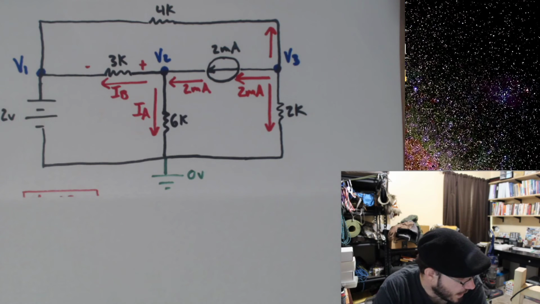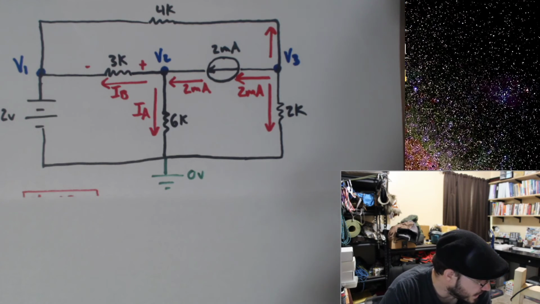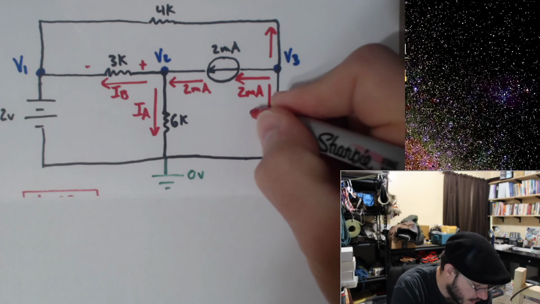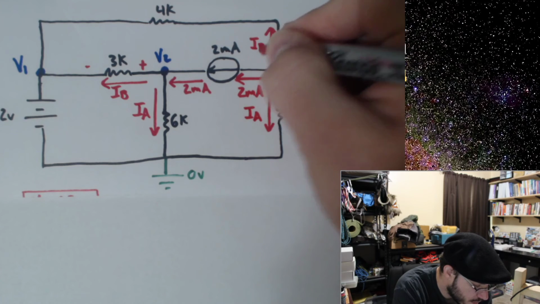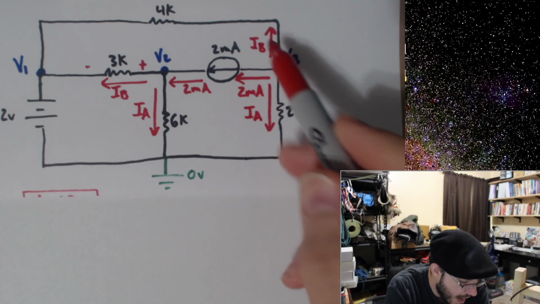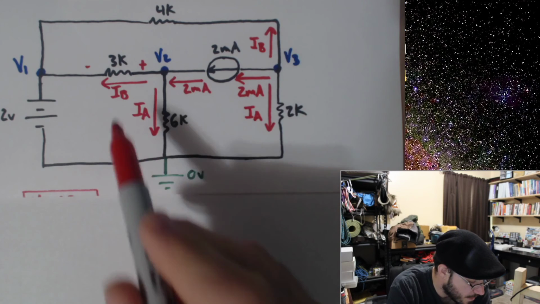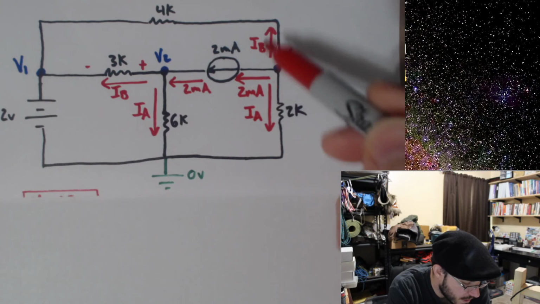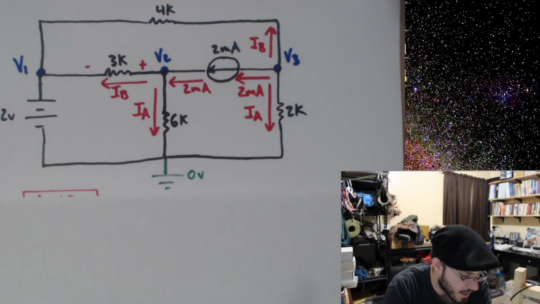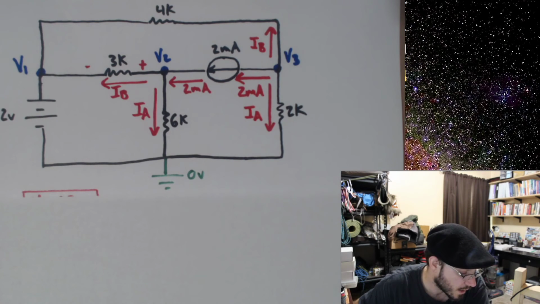Now I need to assign what these currents are. I will call this one IA, and I will call this one IB. Of course, remember that this IA and this IB are not the same as the earlier IA and IB. I'm merely reusing these variables for the sake of expressing my KCL equation.